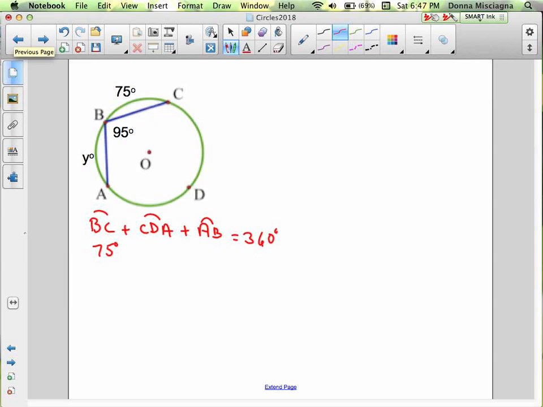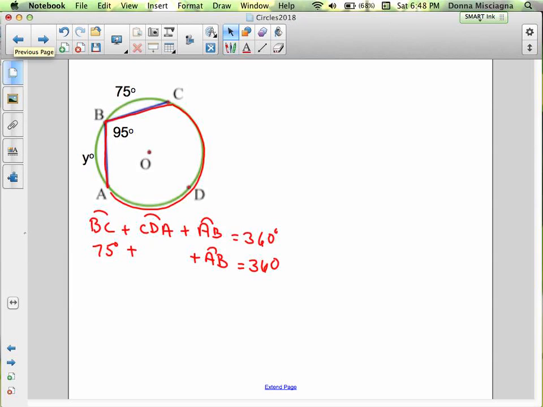We don't know arc CDA yet, but we're going to find it. And we don't know arc AB yet, but that's what's going to be left. Let's first find arc CDA. We know the measure of angle ABC. If we follow the angle out, we see that arc CDA is the intercepted arc.